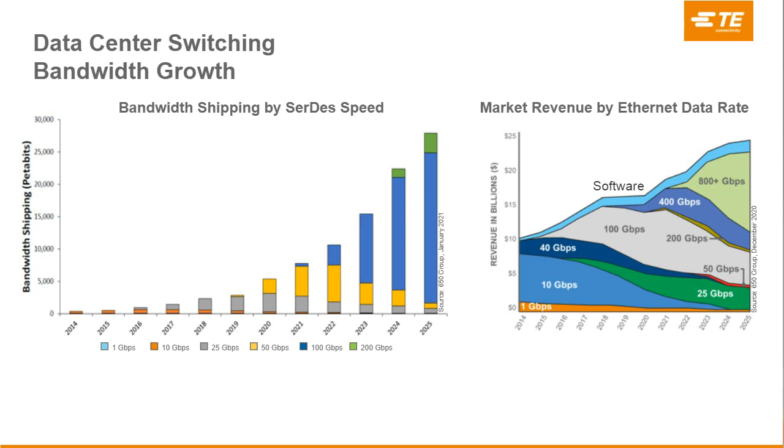And again, just to emphasize, this performance increase is across a broad portfolio. The ultimate goal is to take the risk away from our end customers, so that when they're designing systems, they know that they have a broad product portfolio from one supplier that can meet all the requirements.